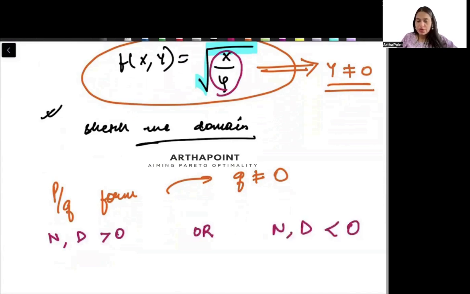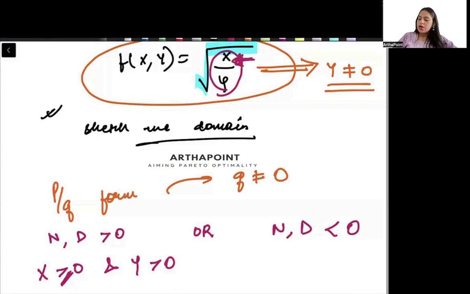For a fraction to be positive, either both numerator and denominator should be positive, or both should be negative. From that aspect, either x should be greater than 0 and y greater than 0. I am fine if x is equal to 0 also. Or x is less than or equal to 0, but y should be strictly less than 0 because y cannot be 0, right?